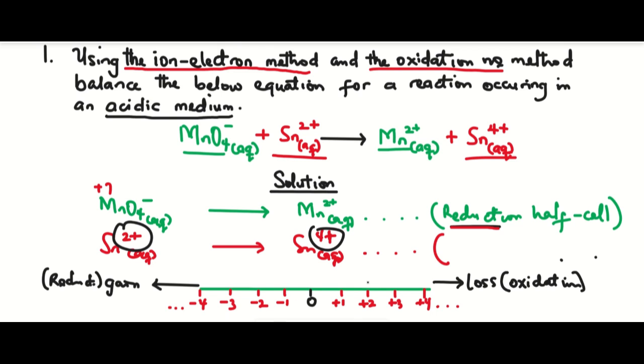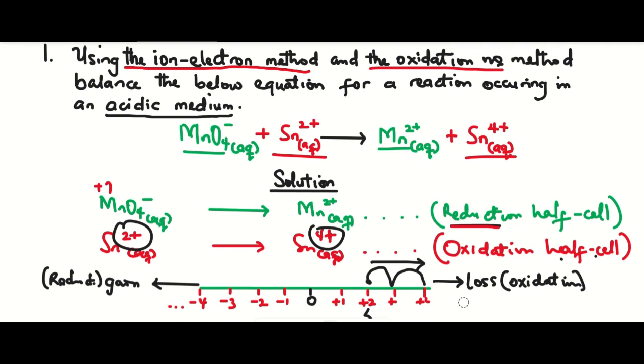Our starting point is +2 moving towards +4. So we have 1, 2, which means that tin has lost 2 electrons by saying 4 minus 2, that's 2 electrons. Don't forget we moved from left hand side to right hand side. Hence we can boldly write that this half cell is the oxidation half cell.